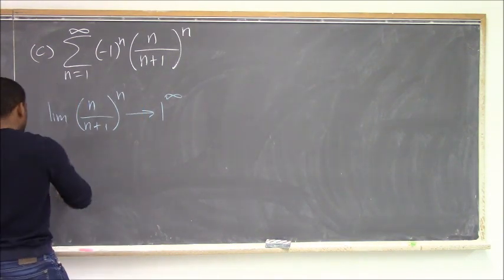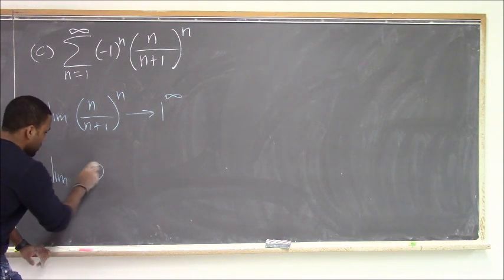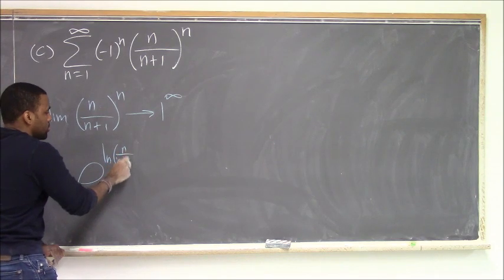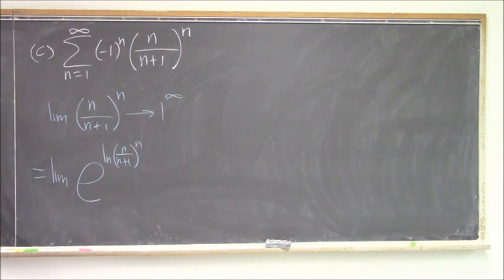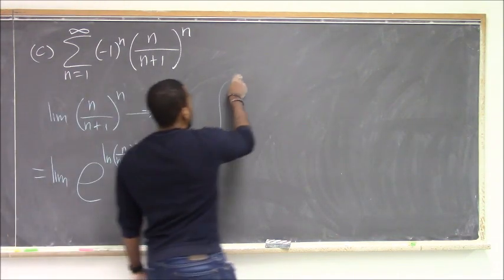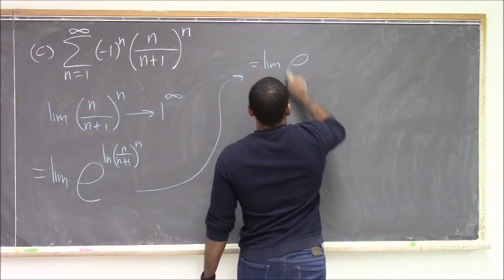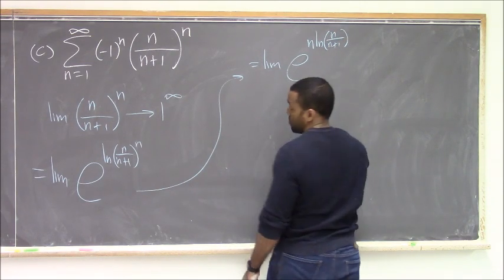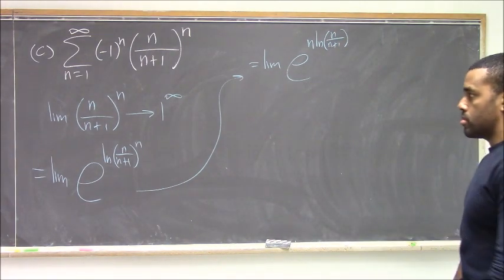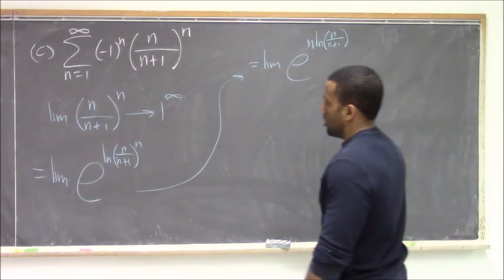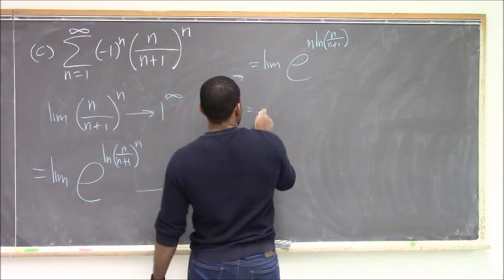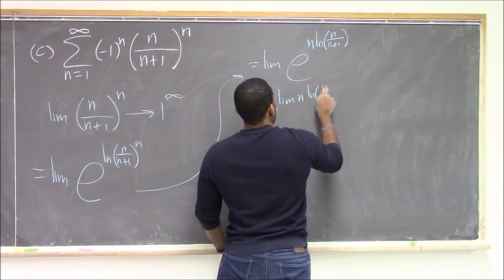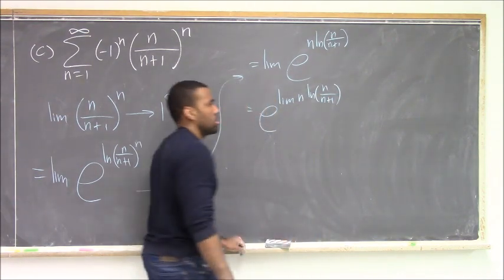What I could do here is introduce a logarithm by first introducing an exponential and putting the logarithm there. This allows me to bring the n down. And I know that limits pass through continuous functions, so this is just the limit of that.